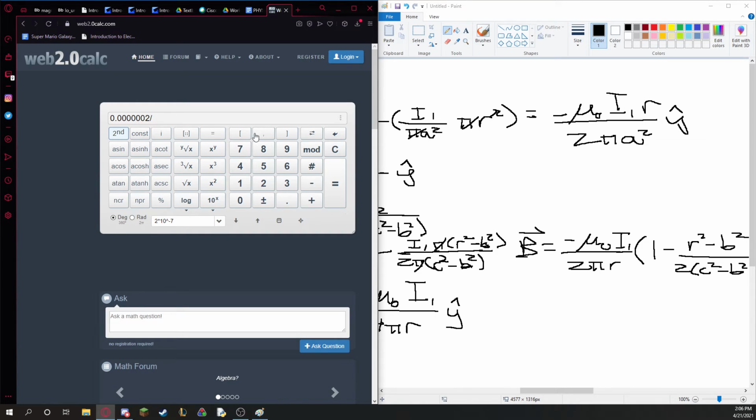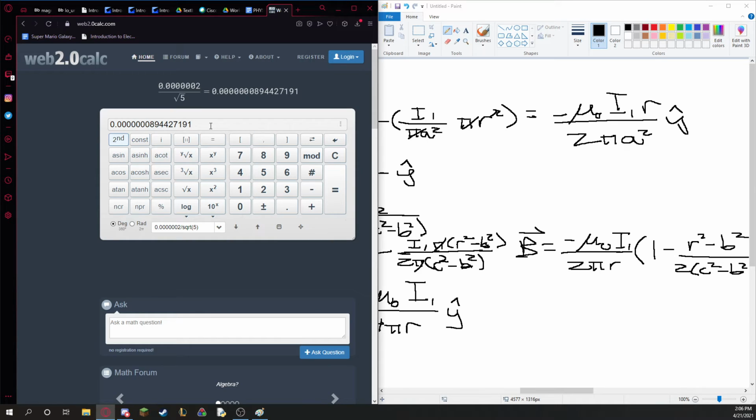If we convert that to meters, we have a 10 to the -2 on the bottom, so we'll take that 10 to the 2 on the top. That's the mu naught over 2 pi r, and then we have I1 minus I2 times r squared minus b squared over c squared minus b squared.